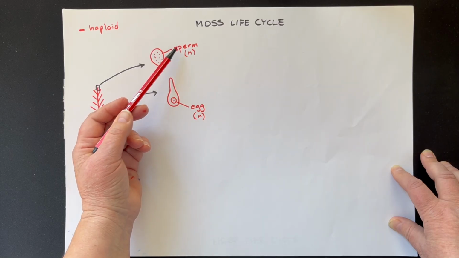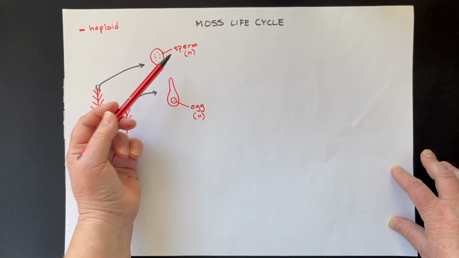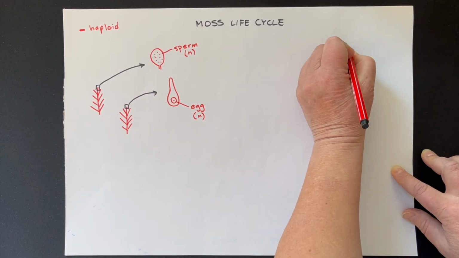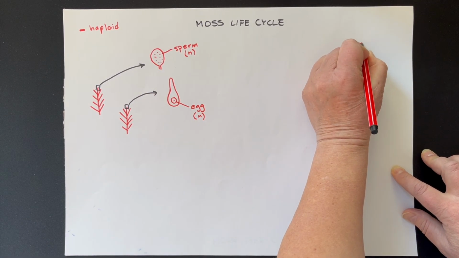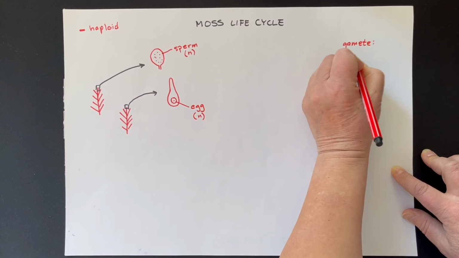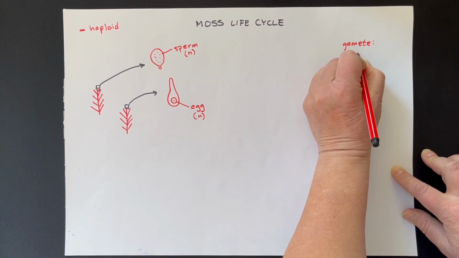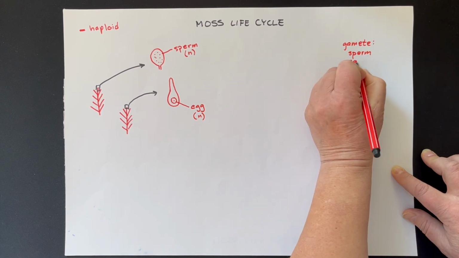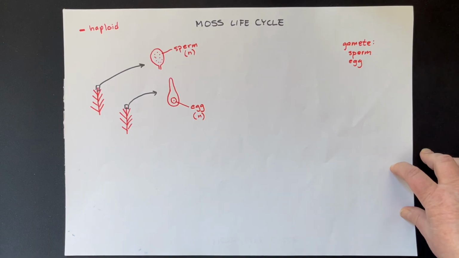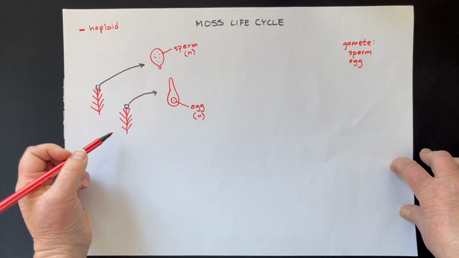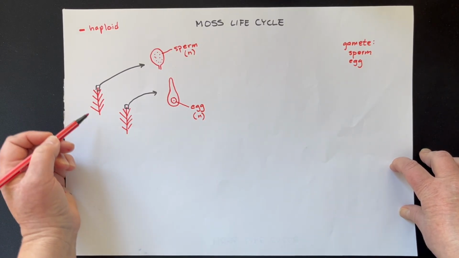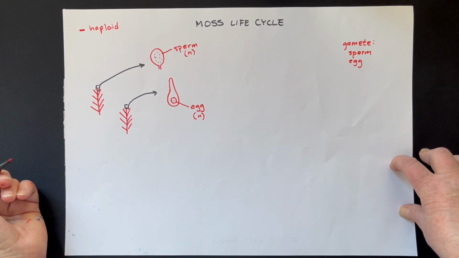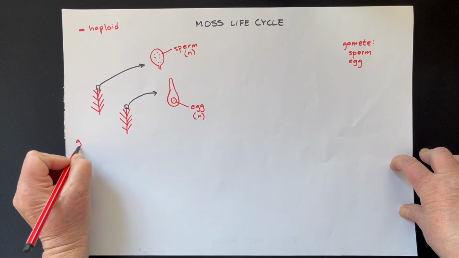Instead of saying egg and sperm, one can call these sex cells gametes. So a gamete could be either a sperm or an egg. We call these structures, the shoots and the leaves, gametophytes.